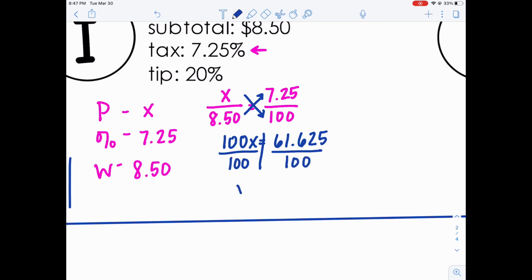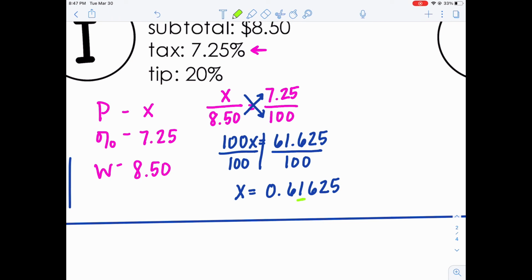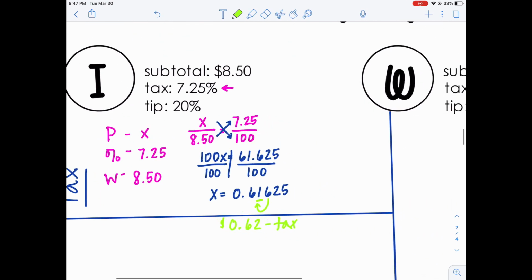Once I divide by 100, I get x equals 0.61625. Now remember, we need to do this as money, so 2 decimal places, that's the 1. The 6 behind the 1 tells the 1 to round up to a 2. So rounding now, this is money, so we're going to say it is 62 cents for my tax.